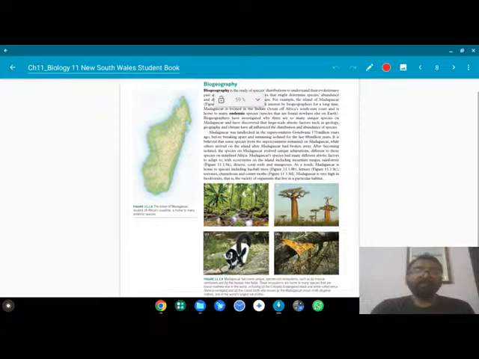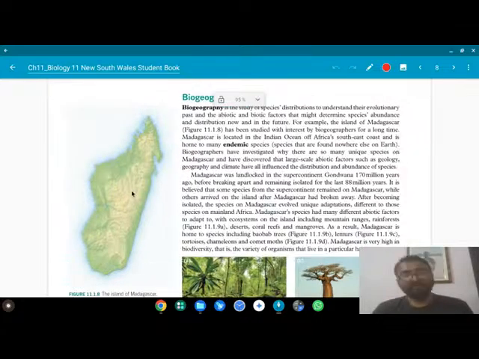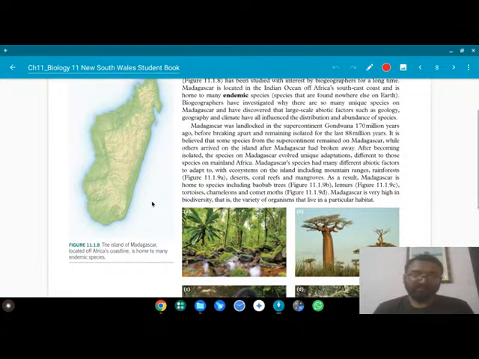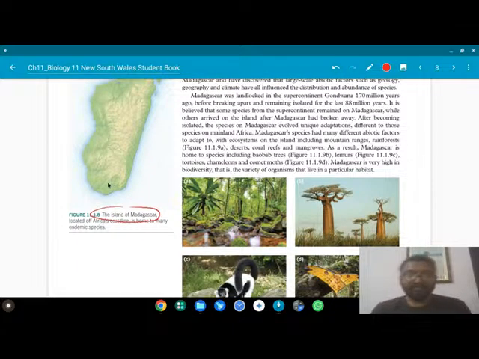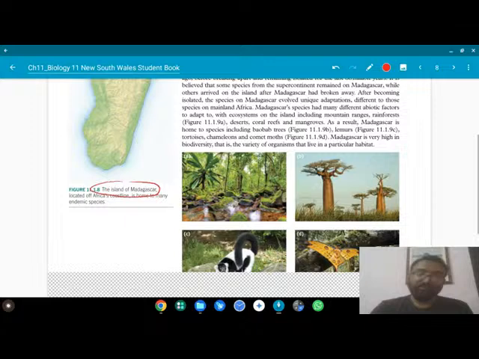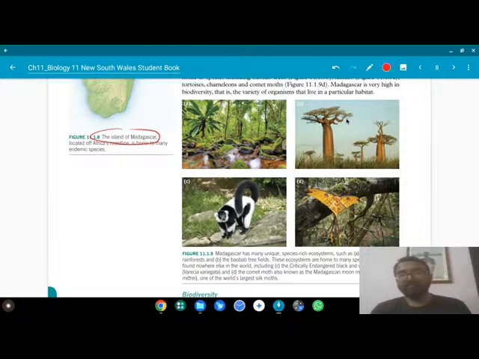This is the biogeography. This is Madagascar, an island southeast of the African continent. In Madagascar, this kind of ecosystem is there. This is a tree.